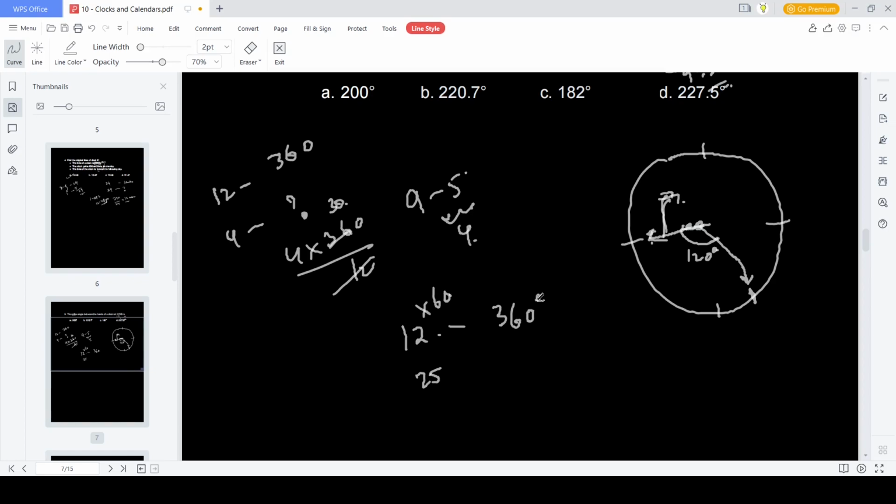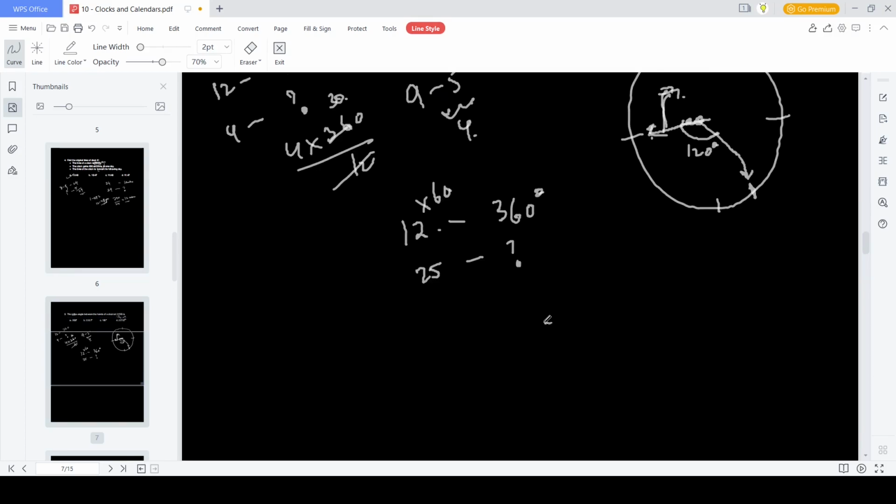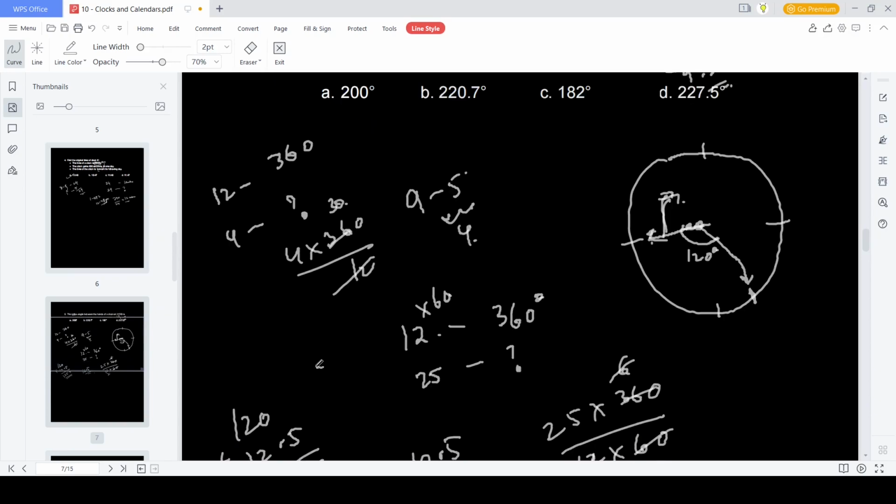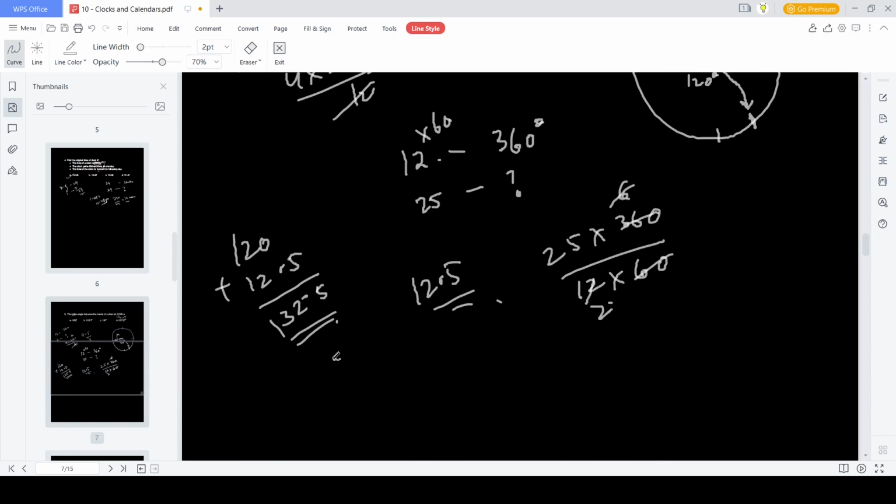So in 25 minutes, how many degrees? We cross multiply: 25 into 360 by 12 into 60. This cancels 6 times, this cancels 2 times. 25 by 2 degrees is left. So 12.5 degrees extra is added to the 120 degrees. The total angle is 120 plus 12.5, which is 132.5 degrees. This is not more than 180, so it's not a reflex angle.